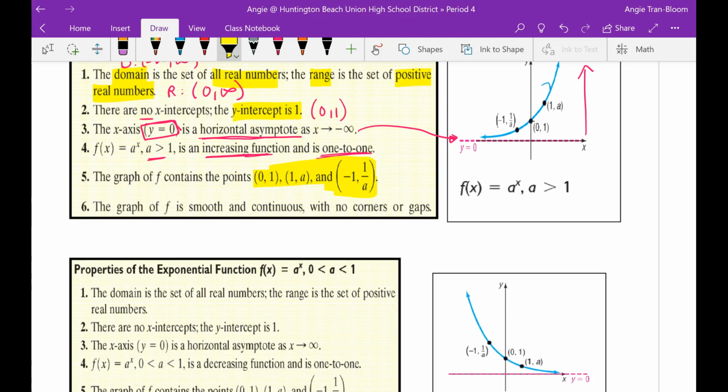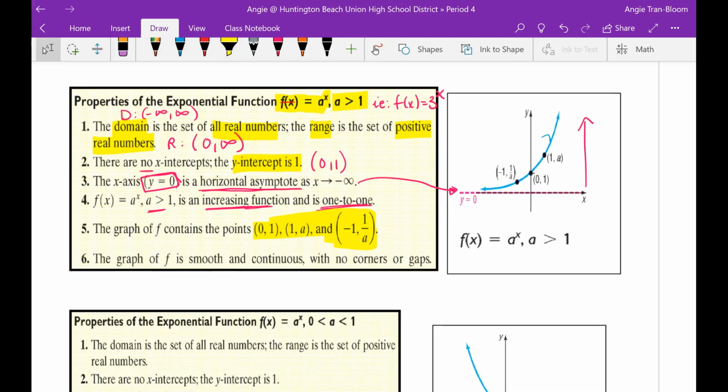using transformations. So let's use the example that we have. When x is 0, 3 to the 0 is always 1. Any number raised to the 0 power is always 1. When x is 1, 1 is now my input, and 3 to the 1 is still 3.